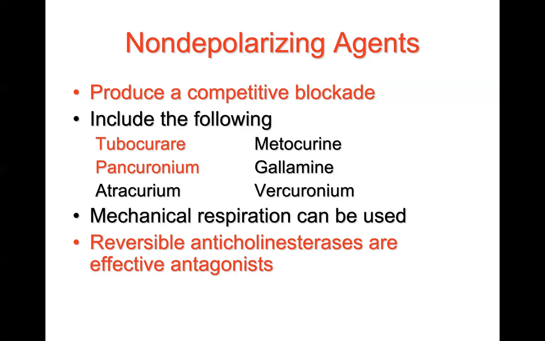What receptor? Right. Atropine works on the muscarinic receptor. These agents, whether they're non-depolarizing or depolarizing, are working on nicotinic M receptors. Atropine or scopolamine are pretty specific for the muscarinic receptor, so that's why we can't use it.